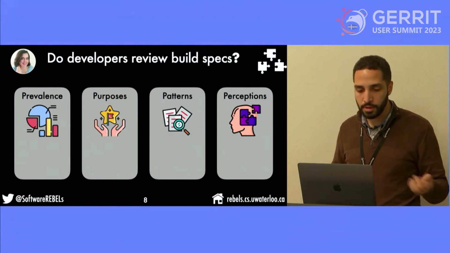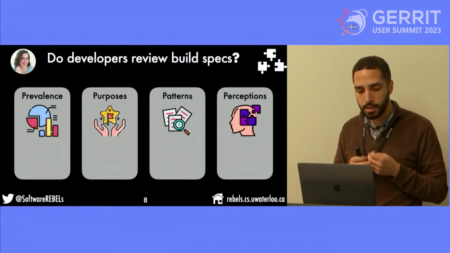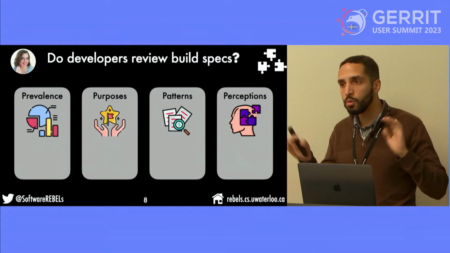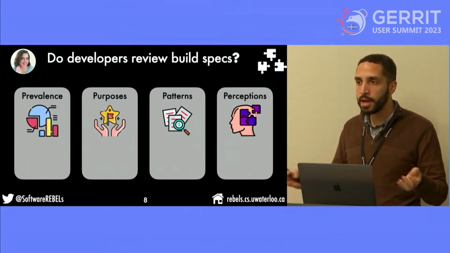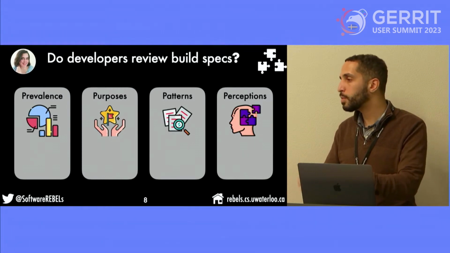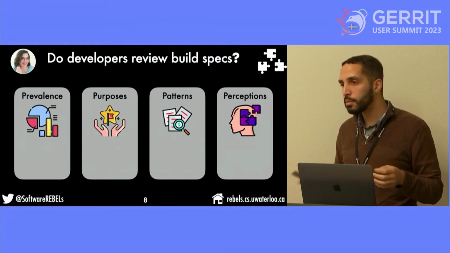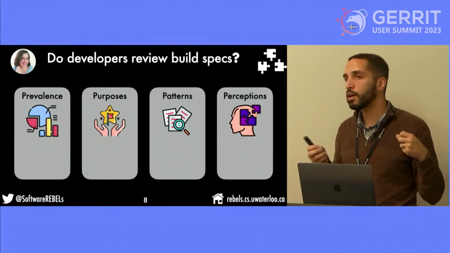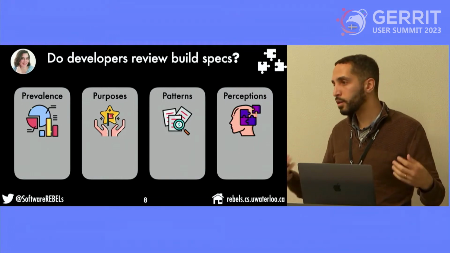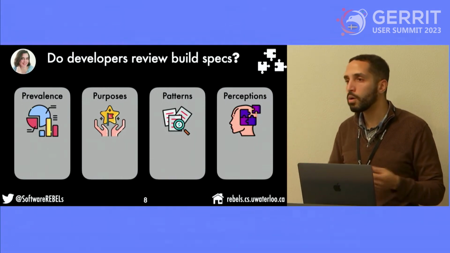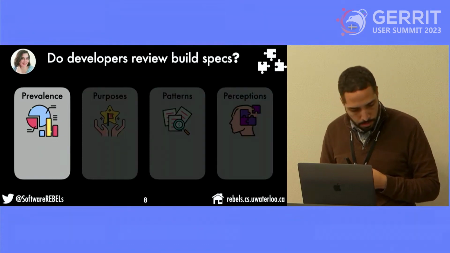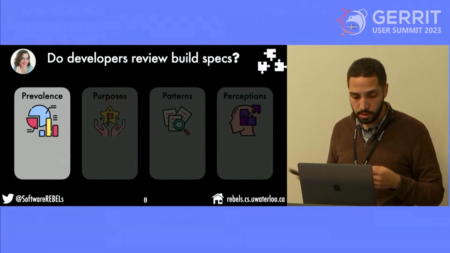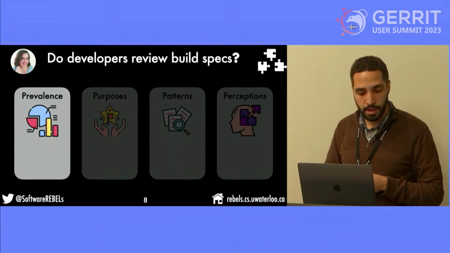So prevalence, we're just looking at how often it's happening. Purposes, we want to know what actually is the point of the comment that they're making. Patterns are about the code that's being commented on. And perceptions, we actually talk to engineers not unlike yourselves to ask what they expect and what they think about code review on build specs. So I'm going to give you a lightning tour of this paper.